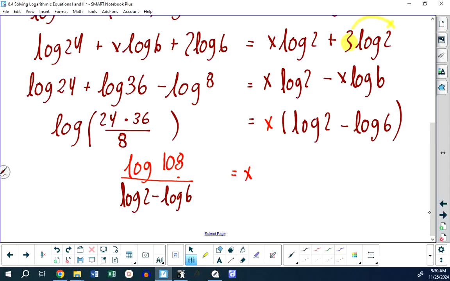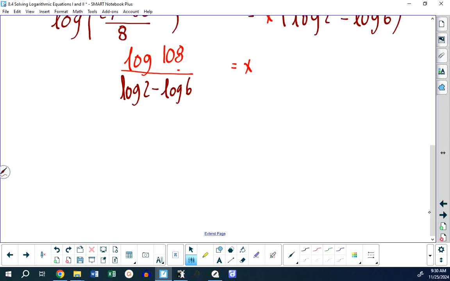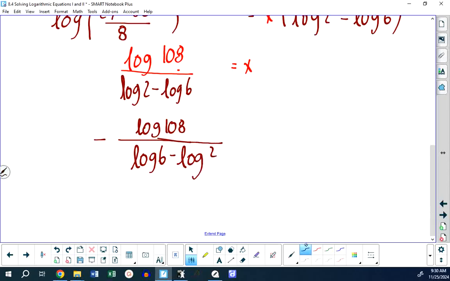If you want to impress your friends and family and pets, you can factor a negative out of the bottom. If I factor a negative out of the bottom, I can put it wherever I want, but then the bottom becomes log 6 minus log 2, which is log 3, which is even more compact because it's log of 6 over 2.